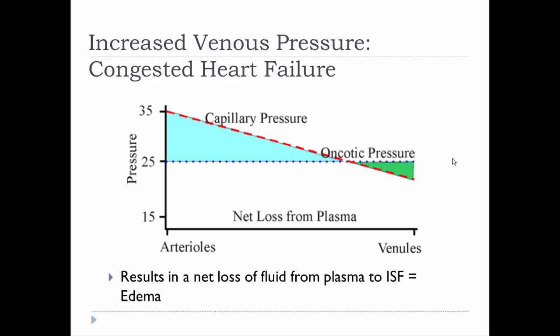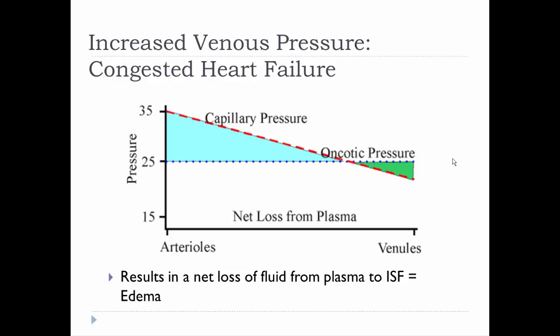Now, if the right side of the heart is pumping just fine, then it's going to dump its stroke volume, say 70 mils, into the lungs. And that means 70 mils of blood returns to the left side of the heart. But the left side of the heart can't pump out 70 mils. It isn't as effective a pump.